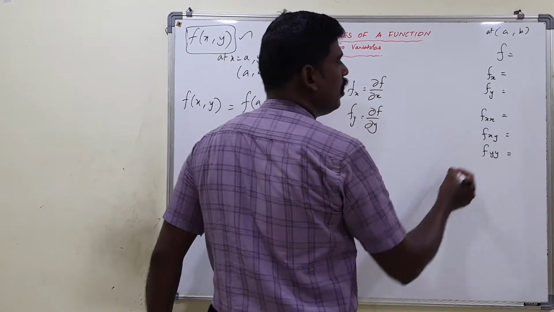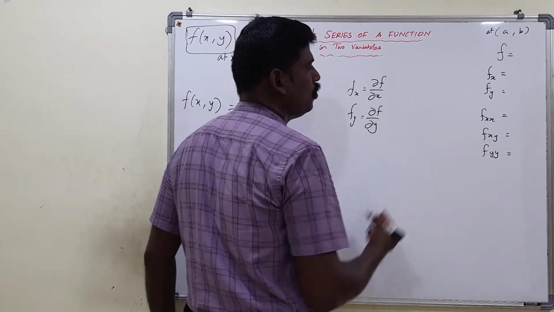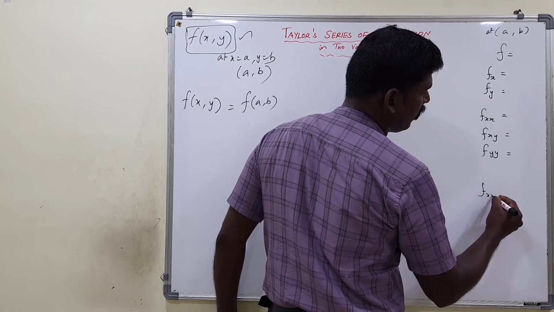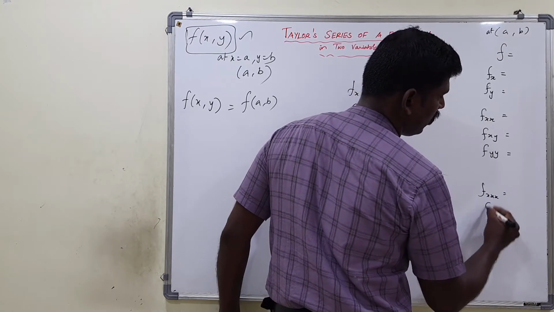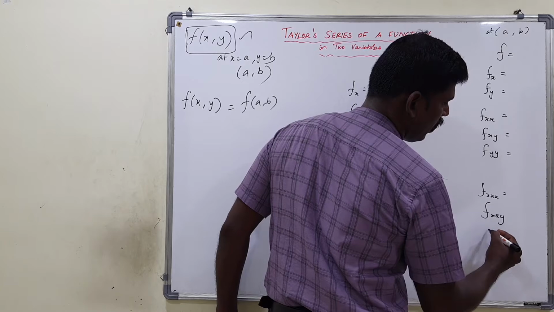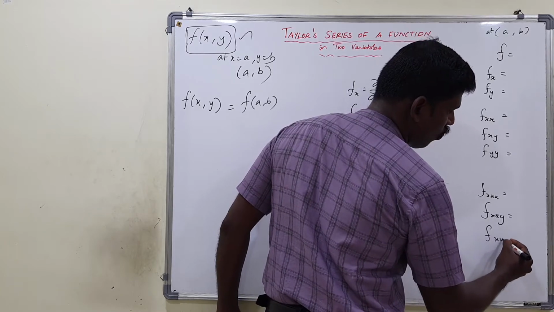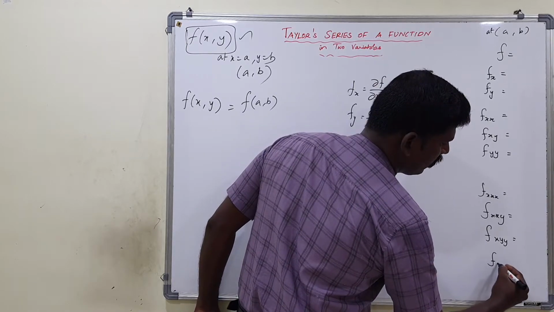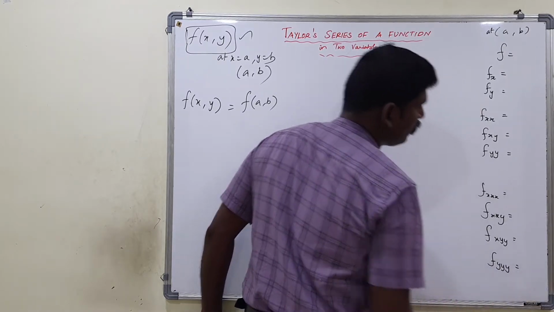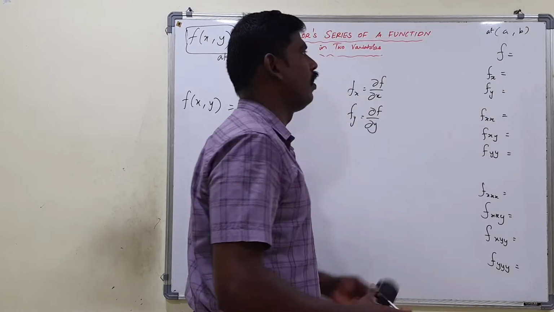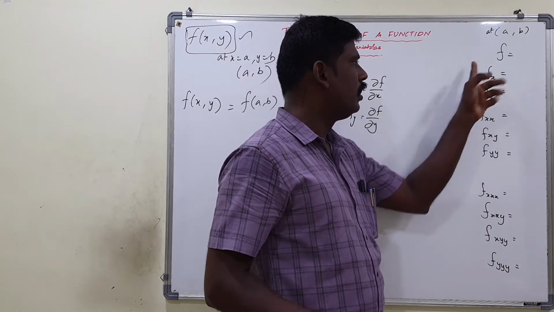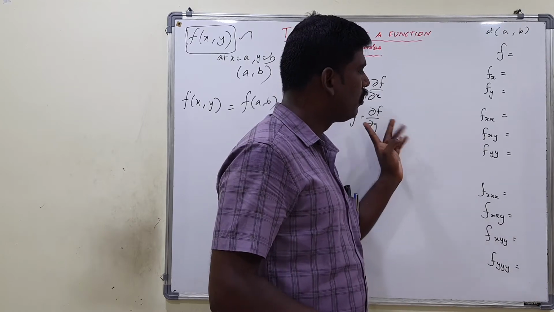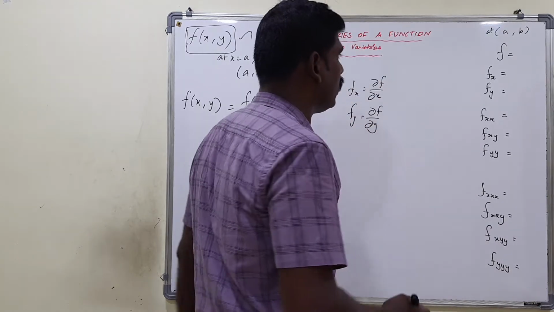These three are partial derivatives of order 2, and then partial derivatives of order 3: f triple x, f double x y, f x double y, and f triple y. So this is the zero order derivative, that is f. These two belong to the first order derivative, these three to the second order derivative, and these four to the third order derivative.